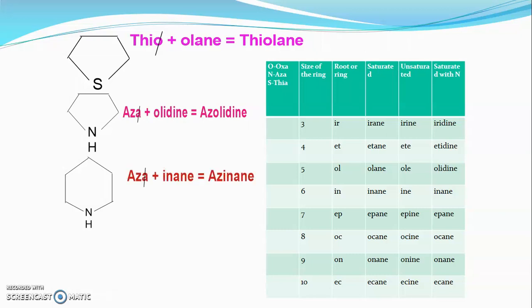And over here a 6-membered saturated ring with nitrogen, so obviously aza plus enane, and that is azenane. Here if you see a 6-membered nitrogen containing unsaturated ring, this is aza plus ene, so it is azene.